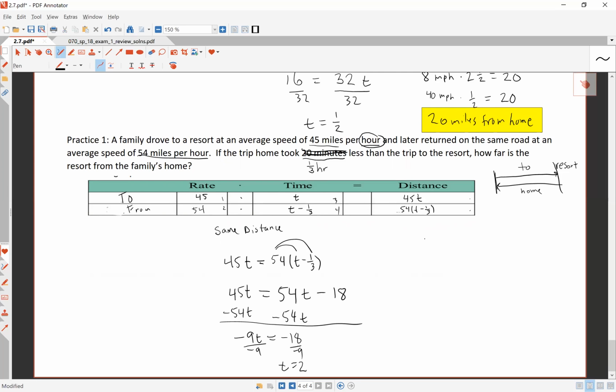to the resort, 1/3 hour less than the 2 hours on the way home. So that's T minus 1/3, which is 2 minus 1/3, which is 5/3 or 1 2/3 hours from the resort.